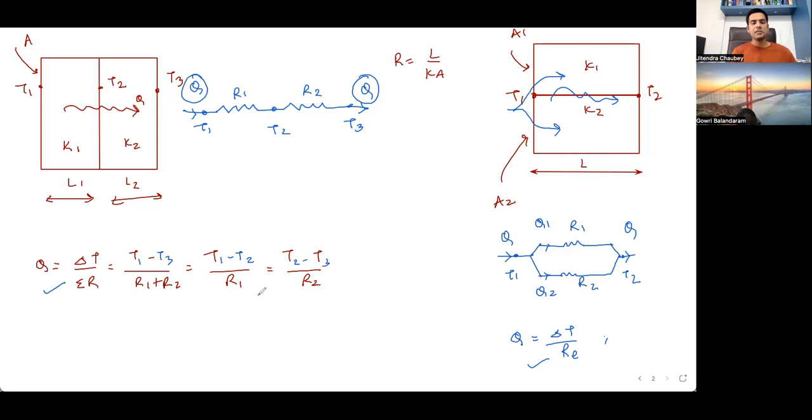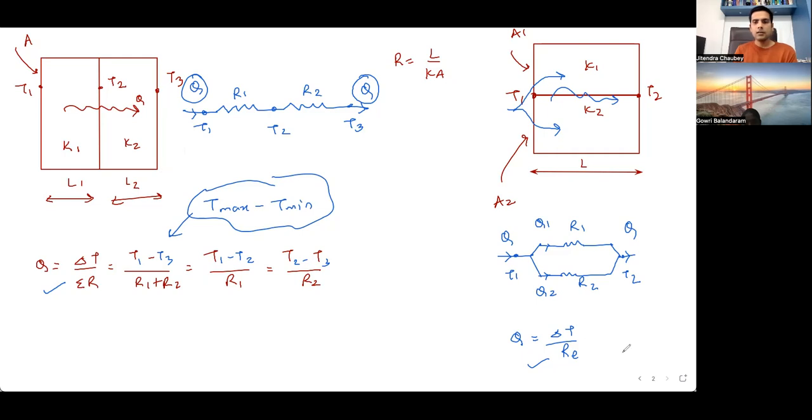It should always be higher temperature minus lower temperature, always T max minus T minimum. Otherwise, the value might get negative. Because in this diagram we have written T1 as highest, so here it should be higher minus lower. Had it been T1, T2, T3, then the formula was correct.